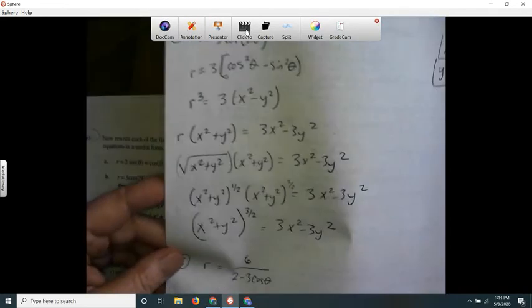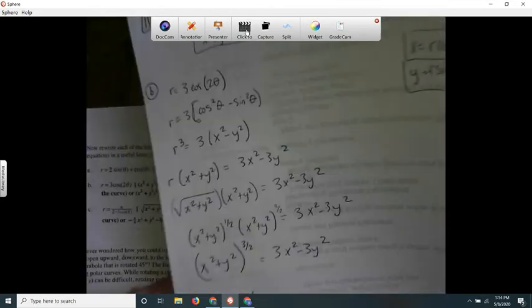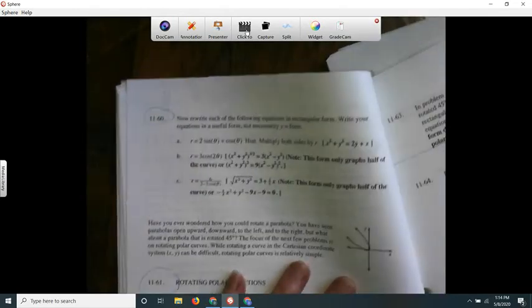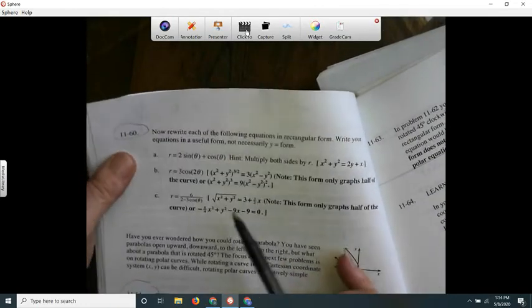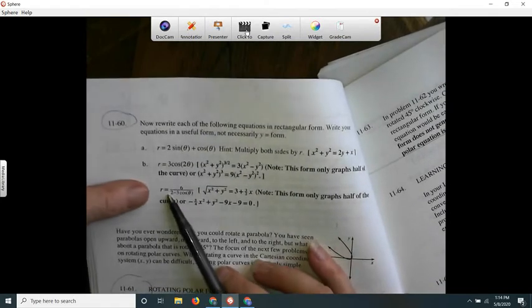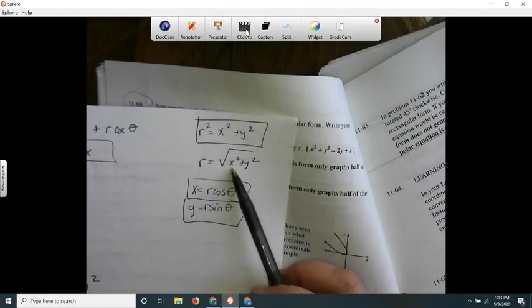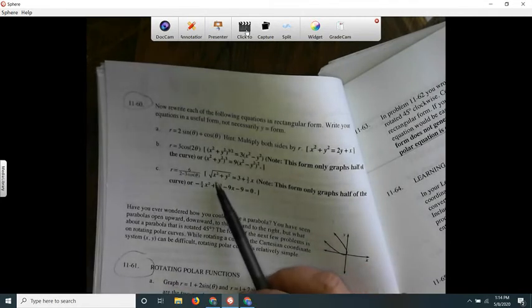Okay, so this one, I'm just going to show what they did on this one. We know that r is equal to the square root of x squared plus y squared. So that's where that came from.